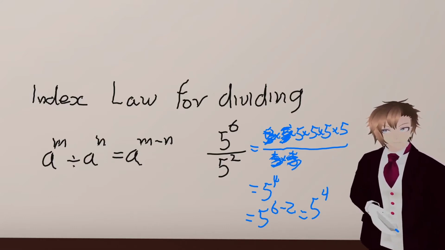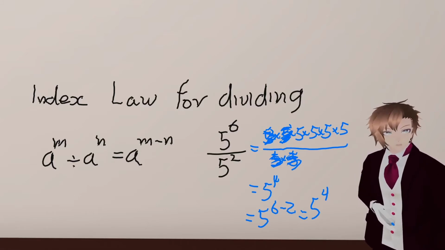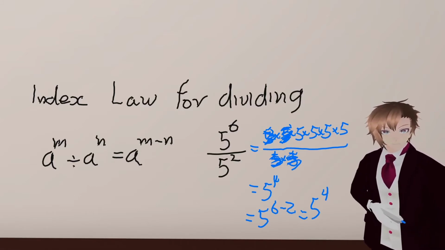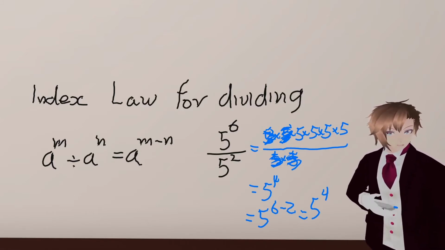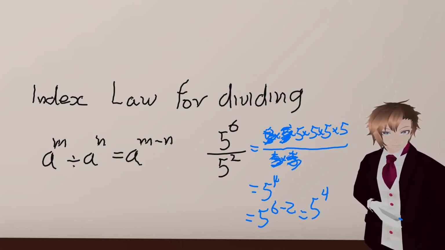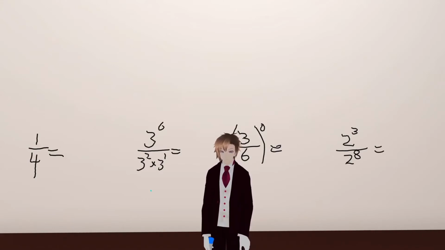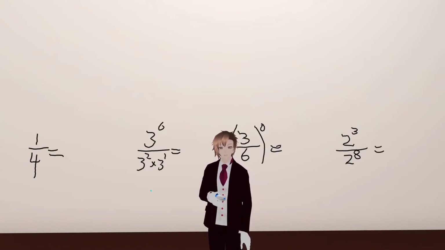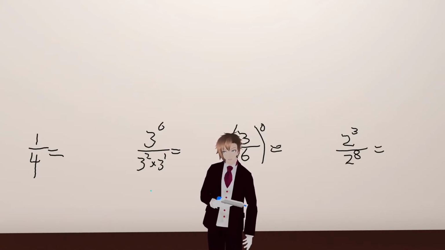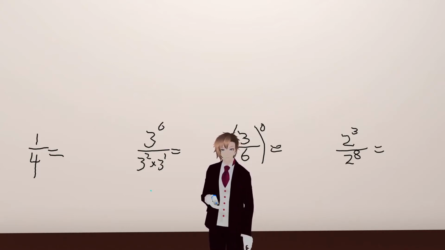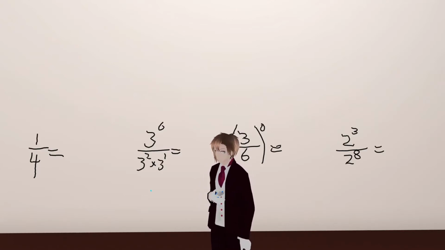Let's have a look at a couple of examples and how negative powers work with numbers. So at the beginning of the video, we talked about 5 to the power of negative 2 is the same as 1 divided by 5 to the power of 2.